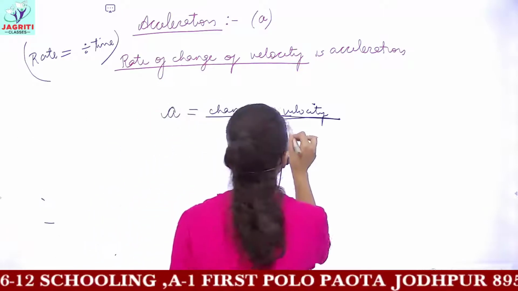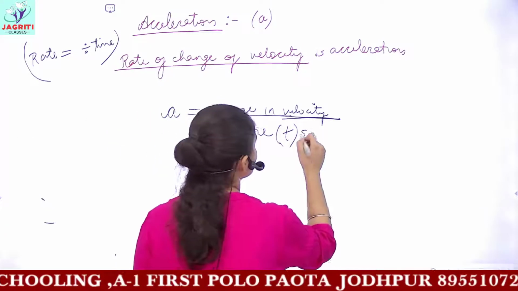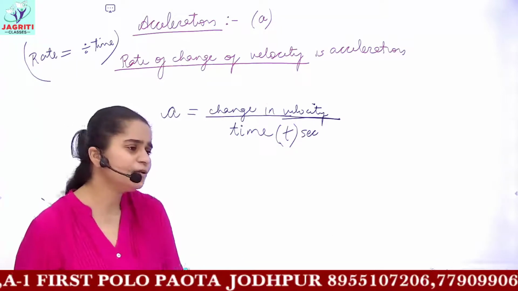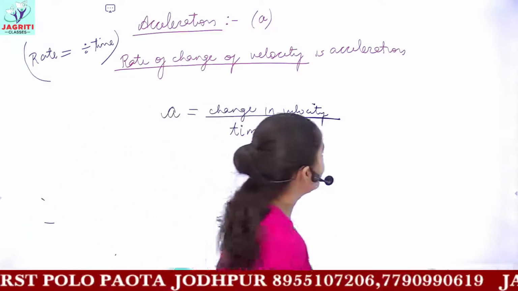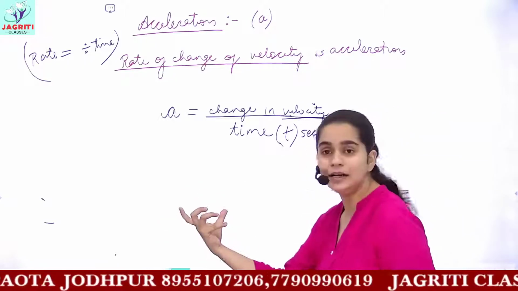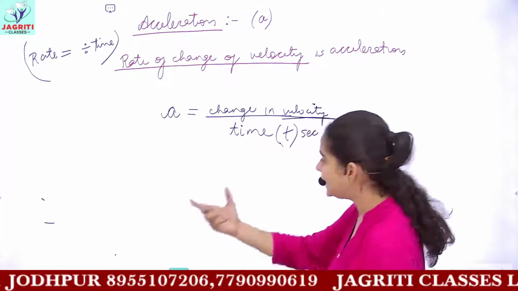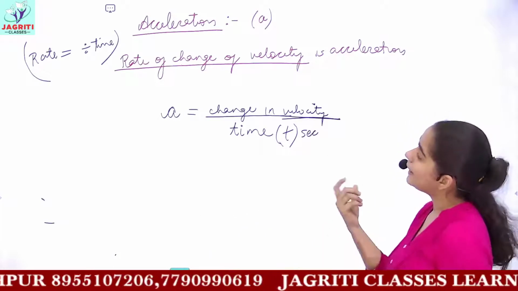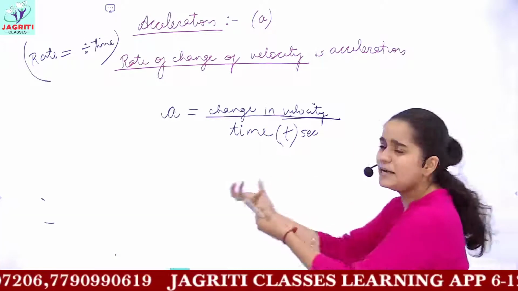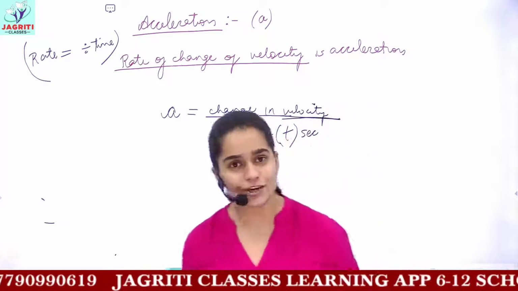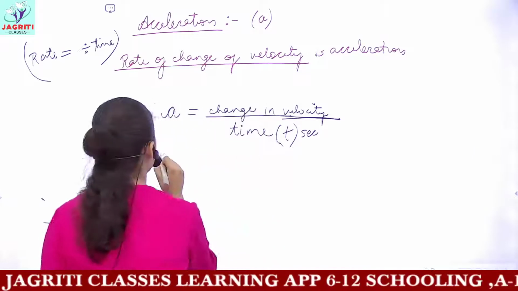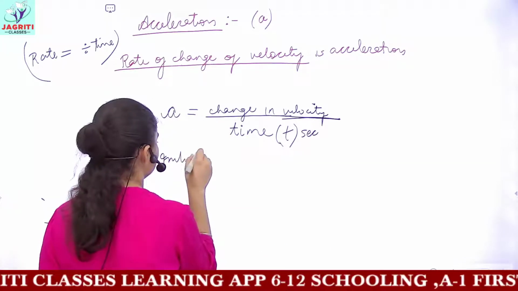You know the symbol of time is t and the SI unit is second. Then next is change in velocity. How to find change in something? When you are given an initial or starting velocity and a final velocity, and I ask you what is the change, you will say, ma'am, final minus initial gives us the change of velocity.